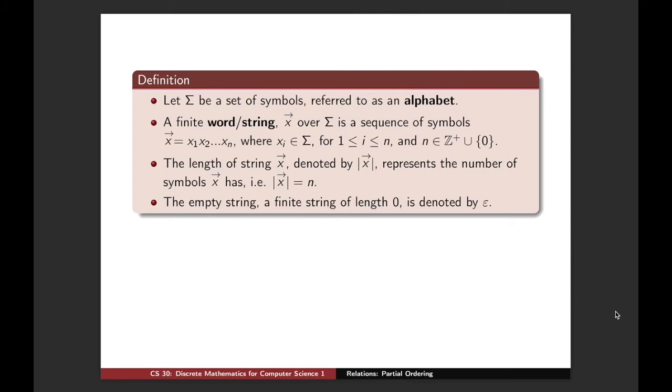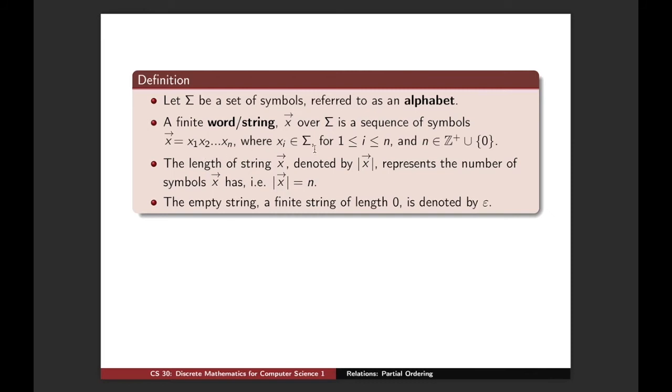For the next definition of a relation, we have to first introduce the concept of a string. For that, we start with a set of symbols, which we will call an alphabet. Let's denote that with this symbol, sigma. A finite word or string over sigma is a sequence of symbols, where each symbol is from sigma.